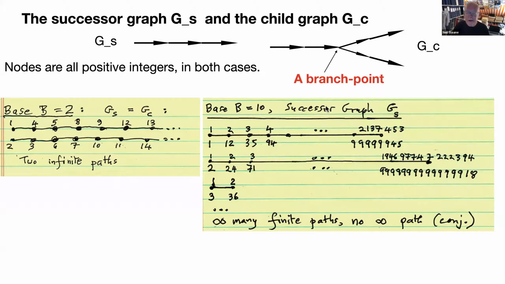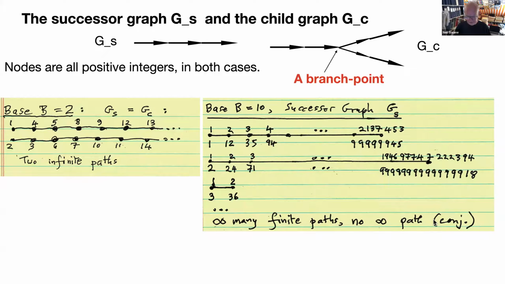In base 10, the successor graph, as I will show you soon, it turns out it has exactly 50 components. No, it has infinitely many. I'm a little confused. Why did I say there are infinitely many? There are actually only 50. This is wrong. There are 50 finite paths, and there's no infinite path.